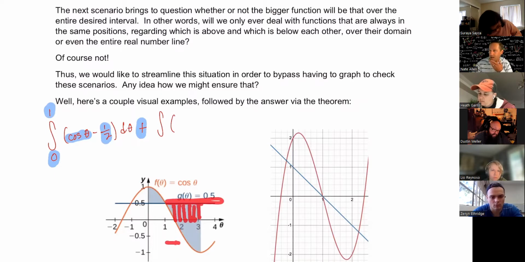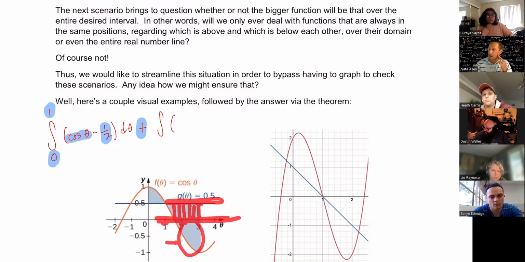Now you're looking at that and you're like, well, we actually need to add, don't we? But what kind of area is that if it's below our x-axis? What kind of y values are we going to have? Negative. And what happens when you subtract a negative? It ends up getting positive.